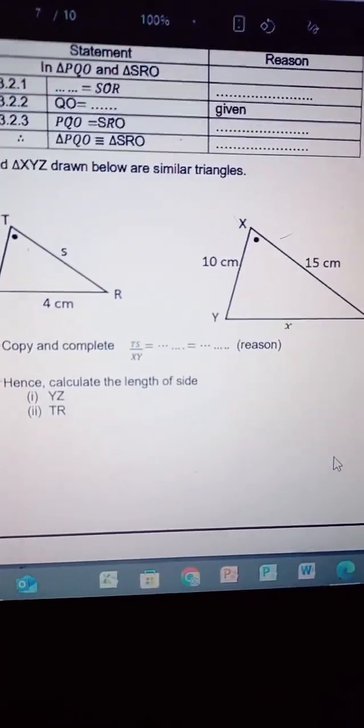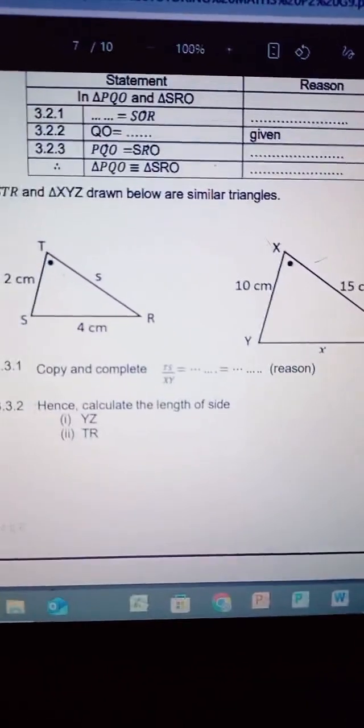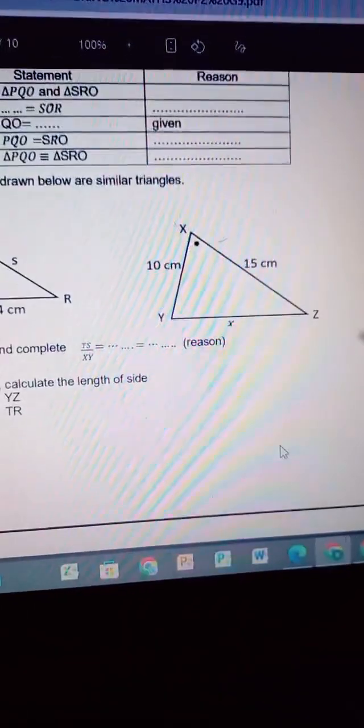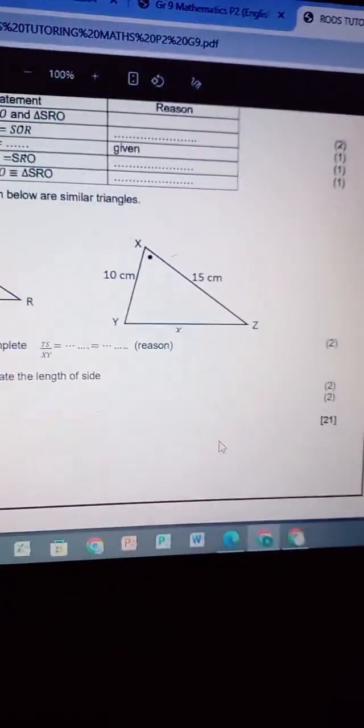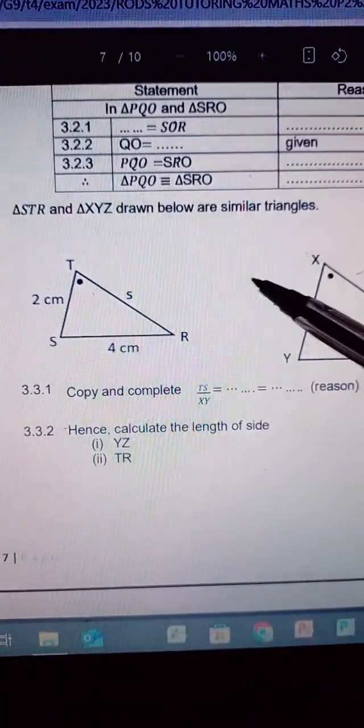2 marks. Calculate the length of side YZ. So we are going to take 2 over 10 is equal to 4 over x, because the ratio must be constant. Right? So you're taking this 10 to this side times 4, taking the x to this side to be 2x.